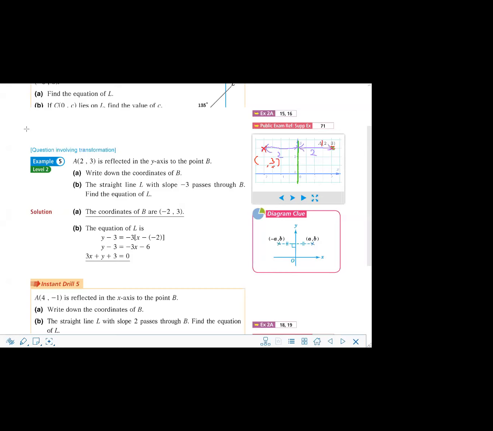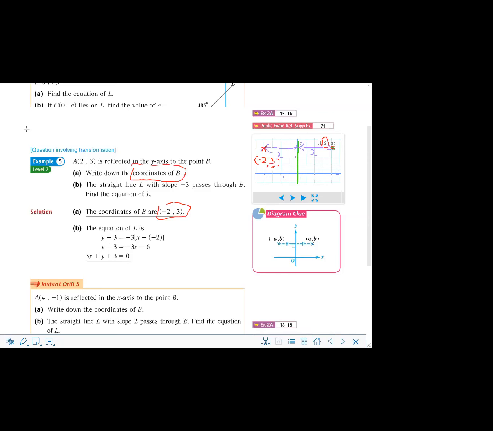Originally it is positive 2. After it is reflected to the left of the mirror, the positive or negative sign is just opposite. If the original number is positive, then after reflection it is negative. So the coordinates of point B are -2 and 3.